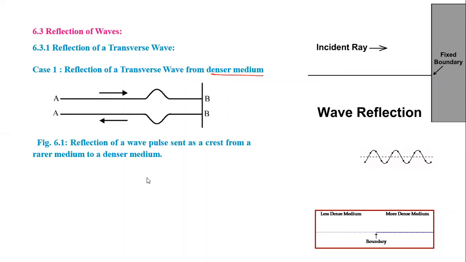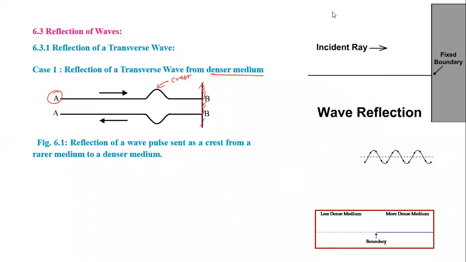You can see the diagram here. This is a denser medium. When this wave starts traveling towards the denser medium, it is incident on the boundary of the denser medium, and then after reflection, here this part is a crest.